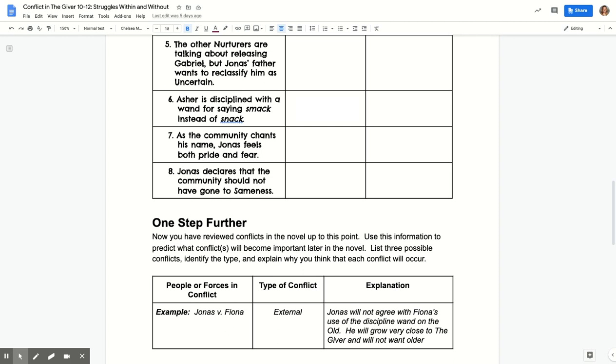So go ahead and type in your answers. Number 6: Asher is disciplined with a wand for saying smack instead of snack. Type your answers in.